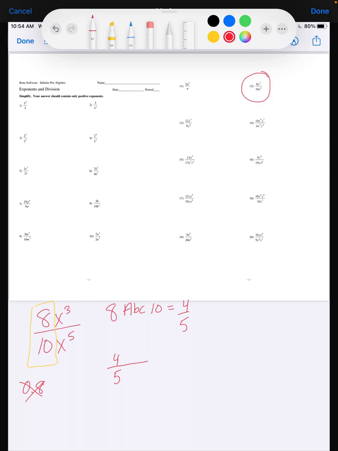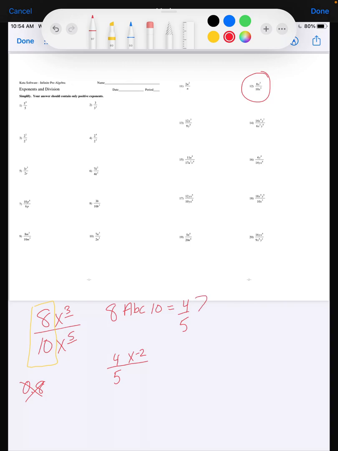And then from there, you could subtract your exponents. 3 minus 5 is -2. Okay, so just make sure you're not having decimals in any of these problems. Okay? The fraction's either going to stay as it is in the problem, or it's going to reduce.